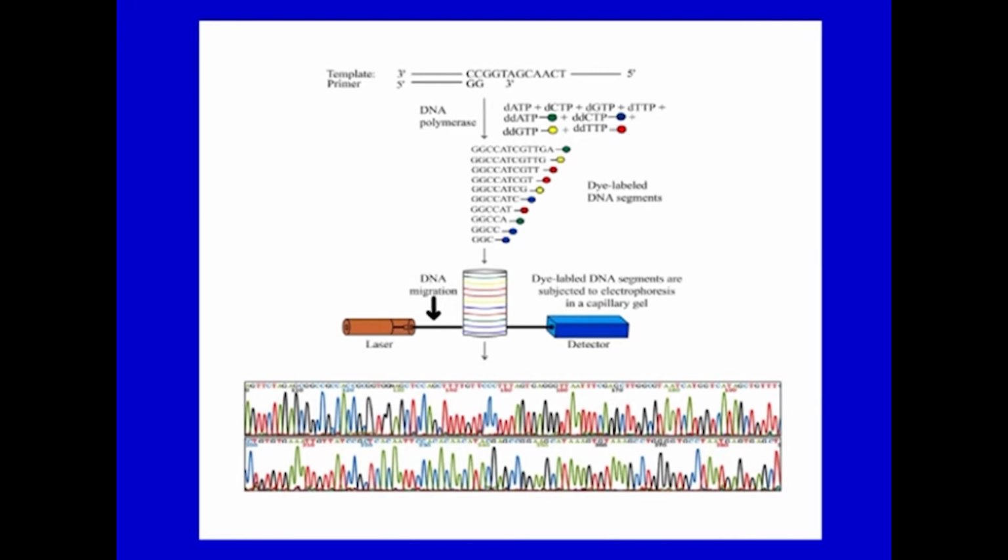As they run, the colors can be monitored through the laser and data recorded, and based on the color of the dye, the base can be identified. You will get a chromatogram in this form, with different colors as they move out of the base of the gel, and a very accurate sequence can be obtained.